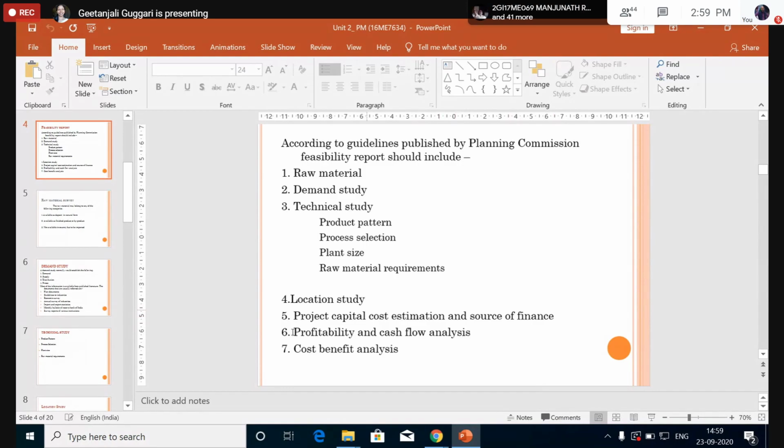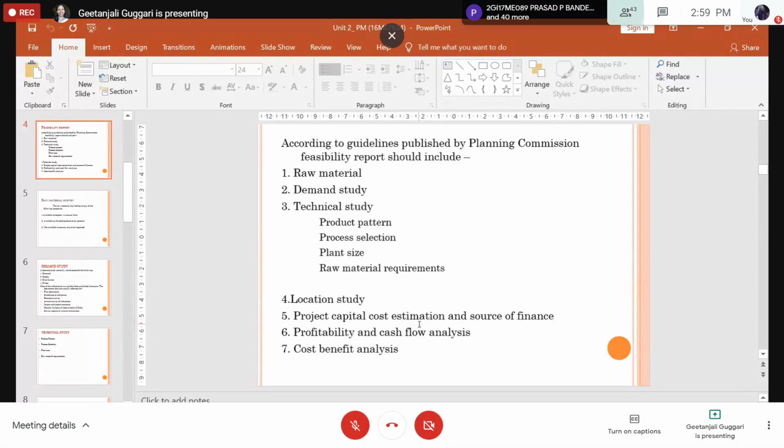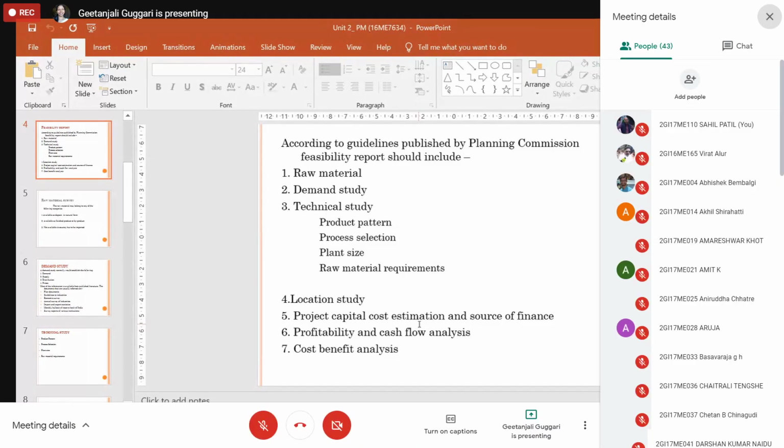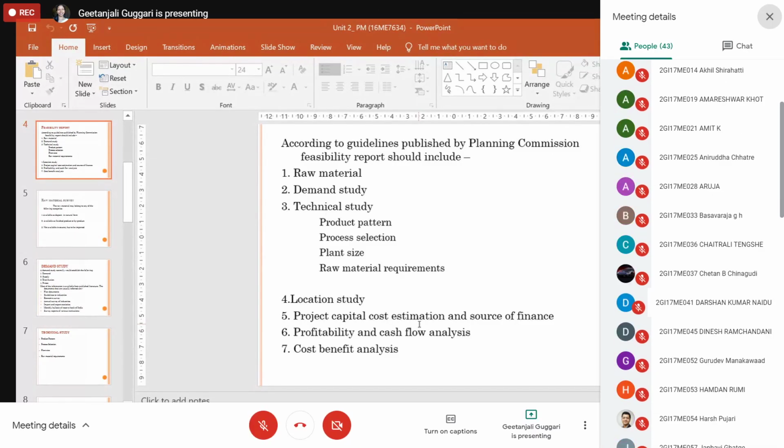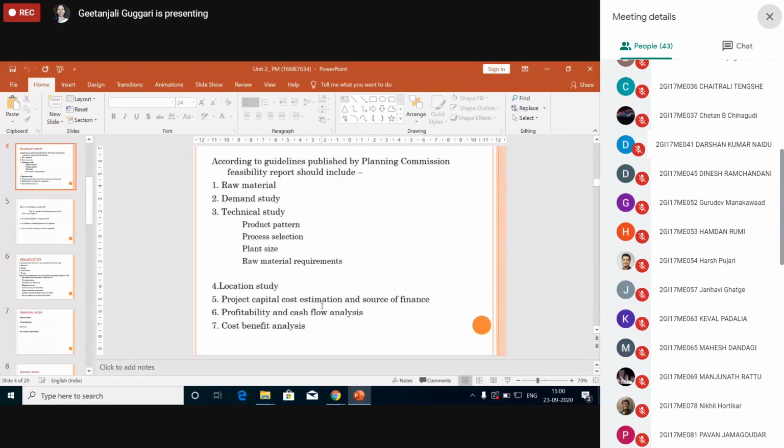So the next feasibility report is profitability and the cash flow. Here also we are using different methods to estimate the profitability or the profit margin of the project. For that we will come across the payback period method, return on investment, net present value, internal rate of return, then benefit cost ratio.